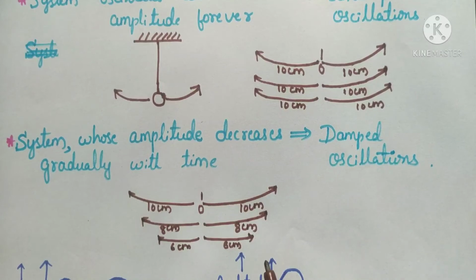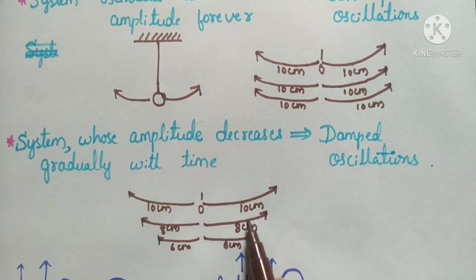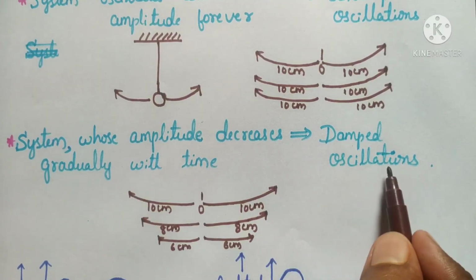Here the amplitude of the pendulum is decreasing as time passes. In the first oscillation it covered 10 centimeter, in the second oscillation 8 centimeter, in the third oscillation 6 centimeter. As time passes the amplitude of the pendulum decreases gradually. Such oscillations are called damped oscillations.